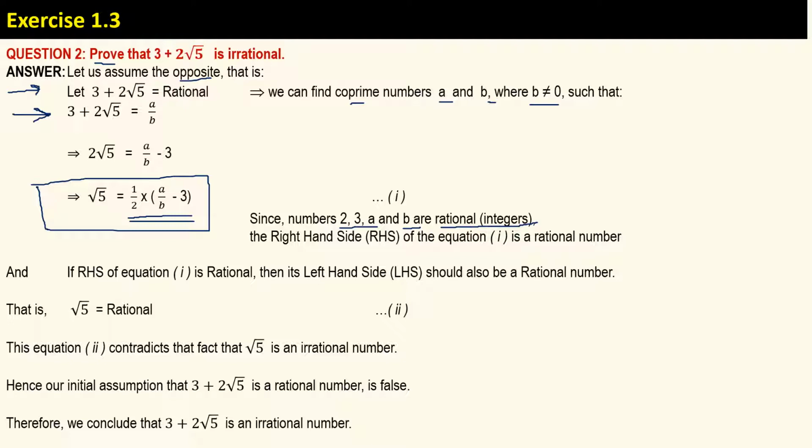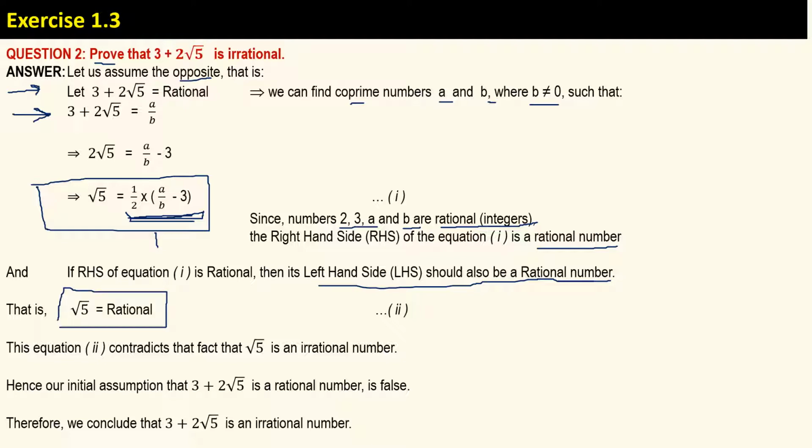So we can easily say that the right hand side of this equation is a rational number. Now if the right hand side of an equation is rational, then the left hand side should also be rational if the equality sign has to hold true. Therefore we can say that square root of 5 is rational.